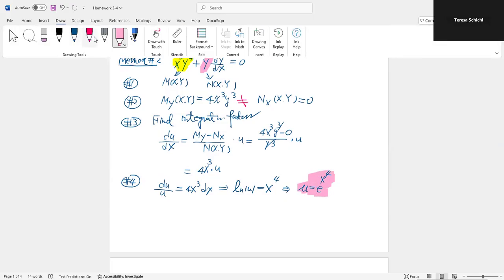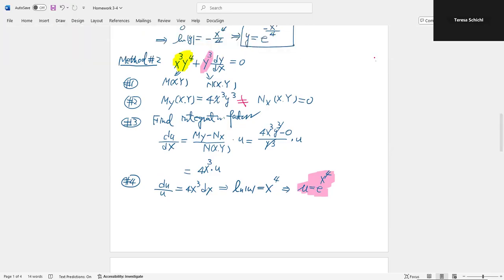Let me highlight the equations here. I'm going to substitute what we just found, u equals e to the x to the 4th, just like we did for the integrating factor. I'm going to multiply this by my original equation. So now let's see what we have.